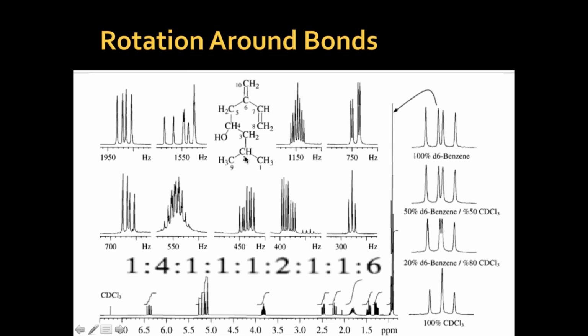Only one hydrogen. One hydrogen means N+1, which is 2, right? 2 means doublet. It should show a doublet, right? But it might not. Why might it not? You see this hydroxy group present here, right?